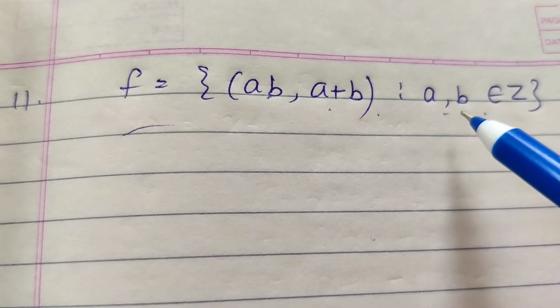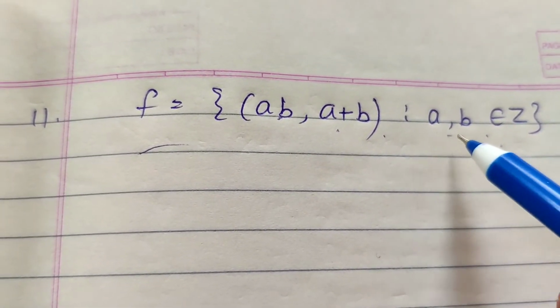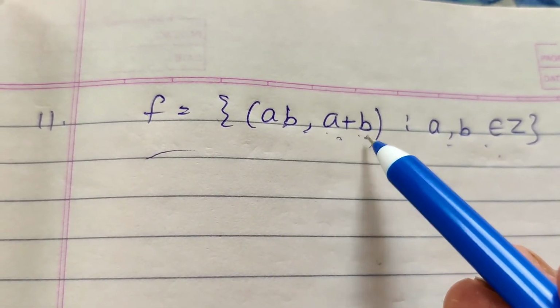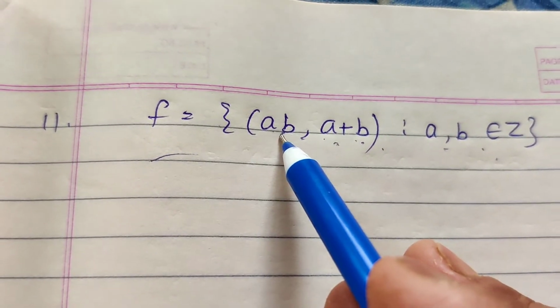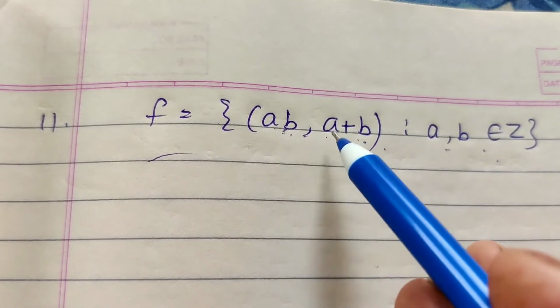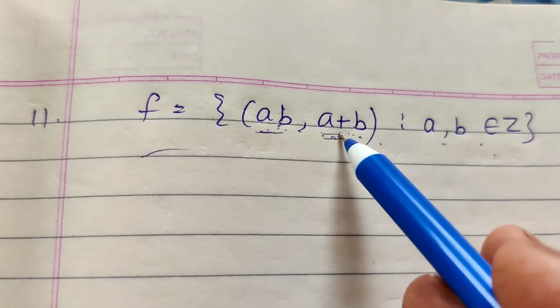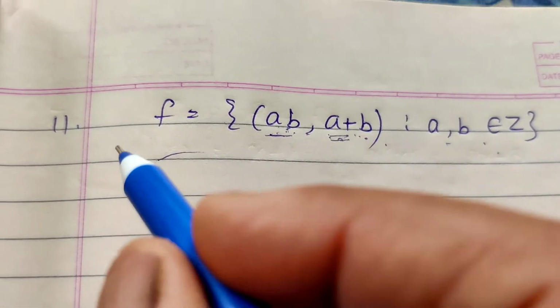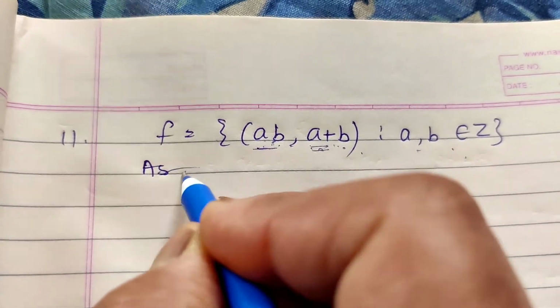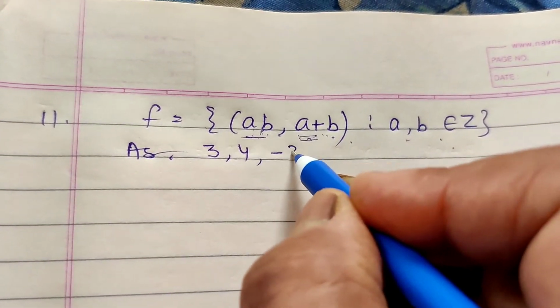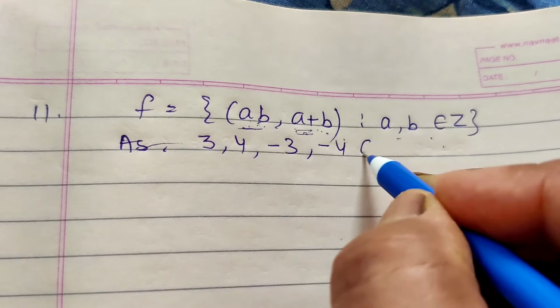We know that a relation f from a set A to B is said to be a function if every element of set A has a unique image in the set B. Now we consider, suppose 3, 4, minus 3, minus 4 all belong to the integers.